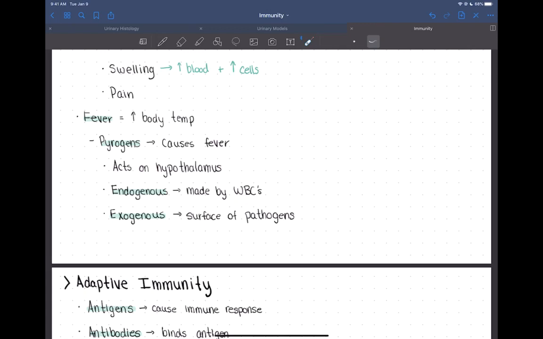Those white blood cells tell the brain, hey, there's an intruder, we need to build up a fever to help get rid of that intruder. Or they can be exogenous, so the surface, the outside of the actual pathogen can act as a pyrogen to trigger fever, right? It's recognized as being abnormal, it's an invader, and that will trigger a fever as well.